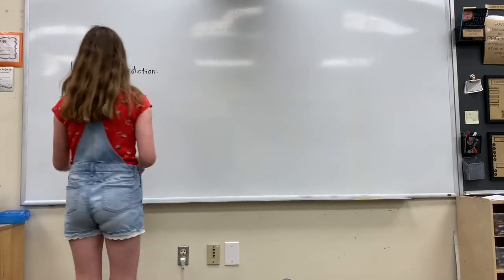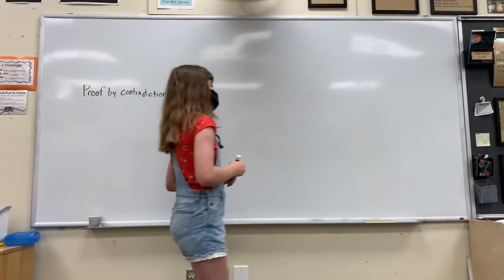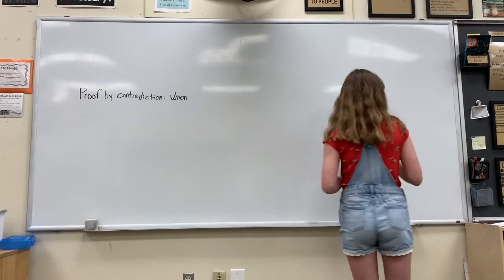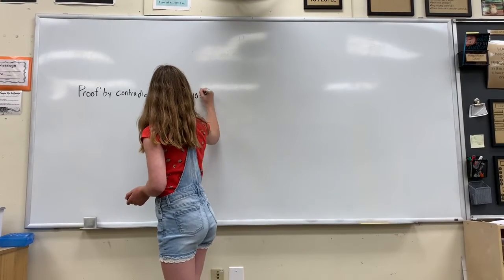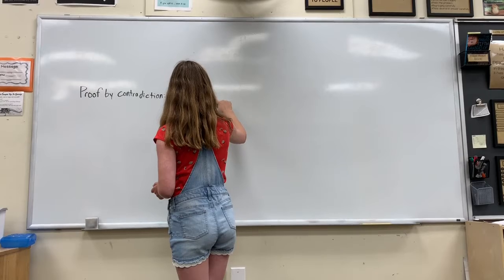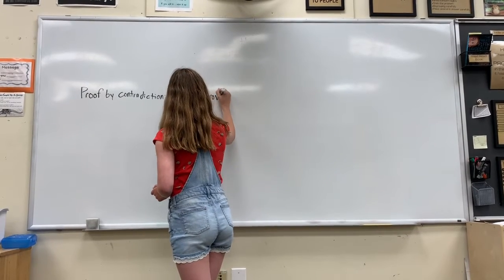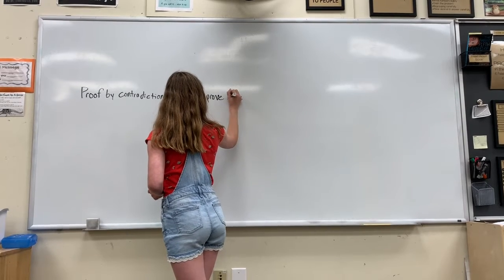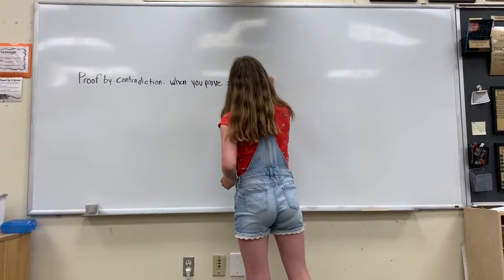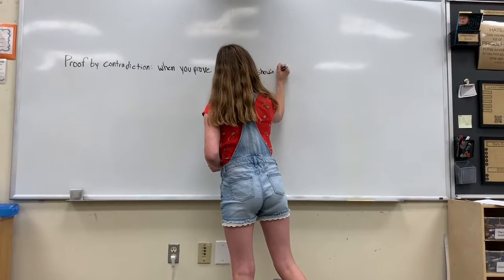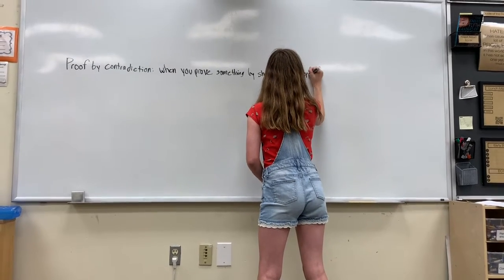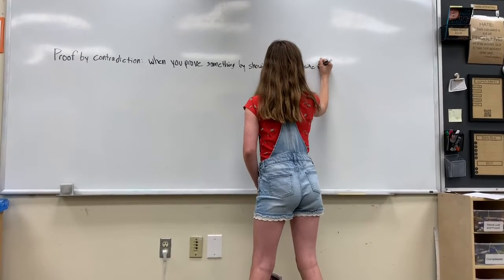The way we find it is proof by contradiction, which is when you prove something by showing that the opposite is false.